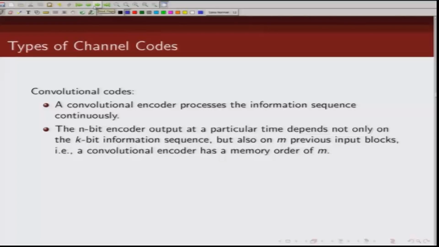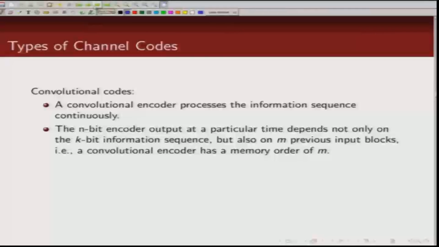The second difference is that the encoding in a convolutional code is with memory. In other words, the current output not only depends on the current input, but it also depends on past inputs and outputs. So, unlike block codes, in convolutional codes the output depends on past inputs and outputs.